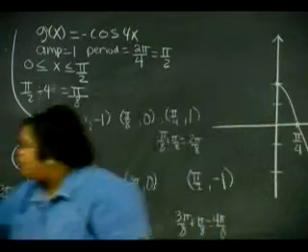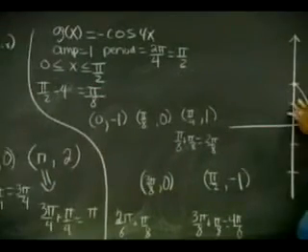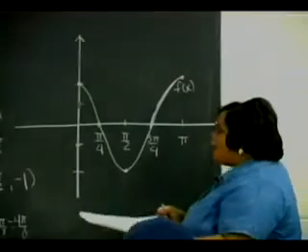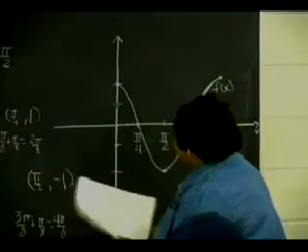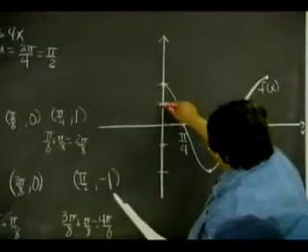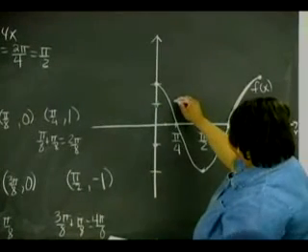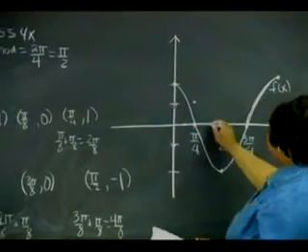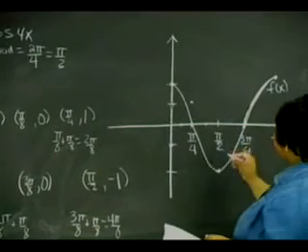So what I have here is 0, negative 1, which is here. I have pi over 8, 0, which is here. I have pi over 4, 1, which is here. I have 3 pi over 8, 0, which is here. And pi over 2, negative 1, which is here.